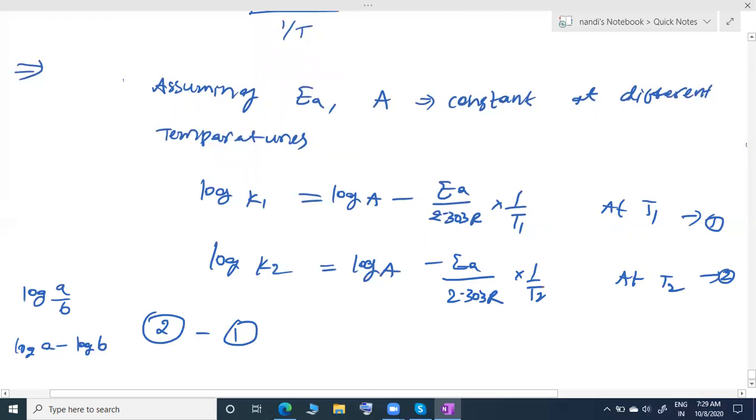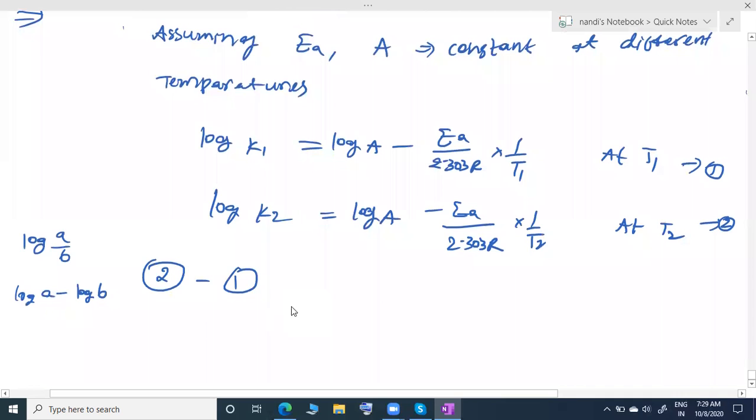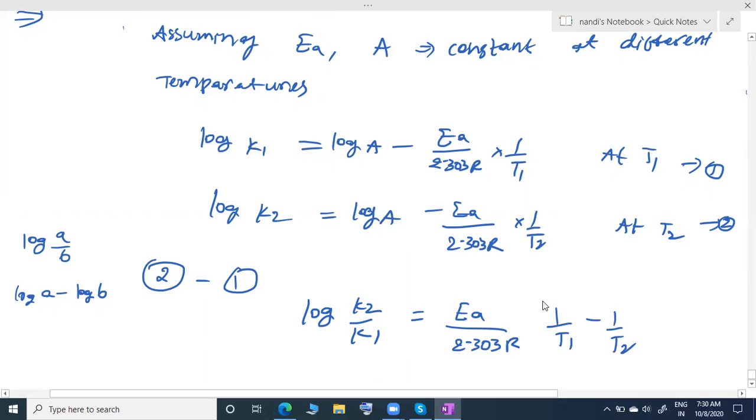So by rearranging, you can get ultimately log K2 by K1 equal to, anyway A will be cancelled, Ea by 2.303 into R, 1 by T1 minus 1 by T2. Actually 1 by T2 minus 1 by T1 we will get, but the minus is there, that minus we are inverting, that is okay. Finally we'll get this expression.